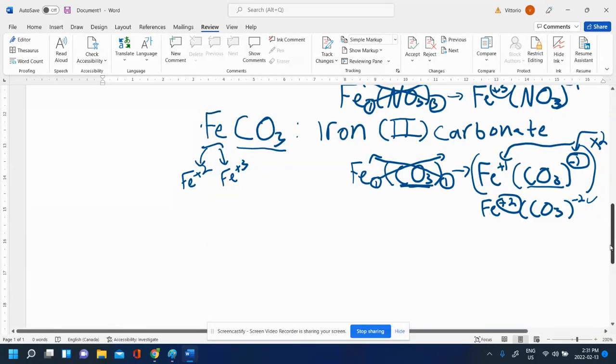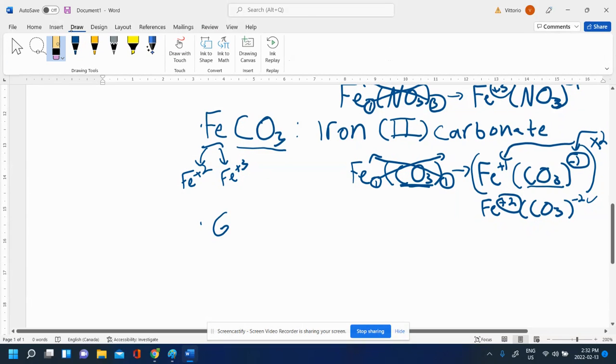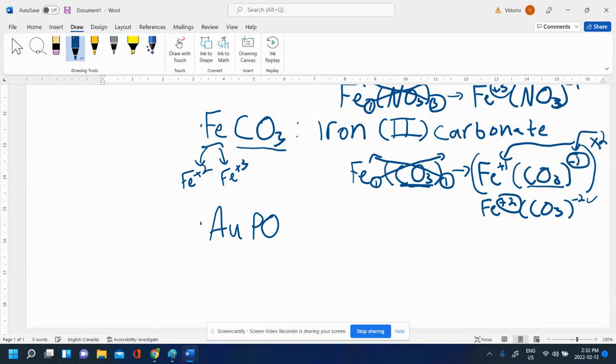We will do one more. Let's do AuPO3. So first of all, recognize we have gold, which is a multivalent element. We have PO3, which is phosphite. So gold is multivalent.